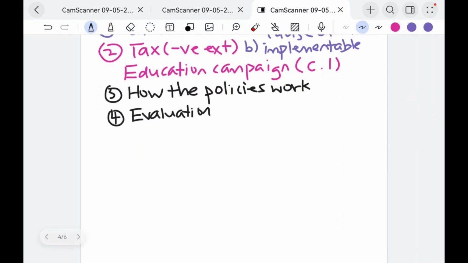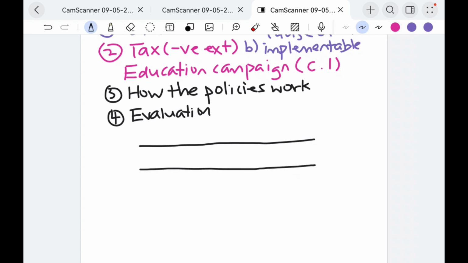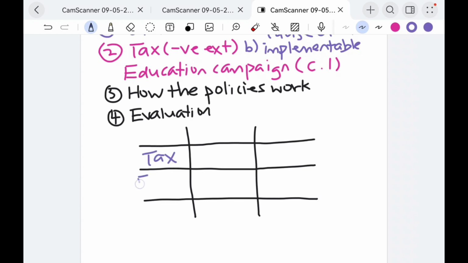Okay, so perhaps let's draw a table. So we evaluate our policy against the two parameters. So this is my tax, this is my education campaign.